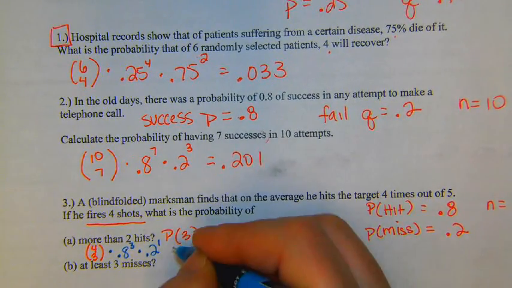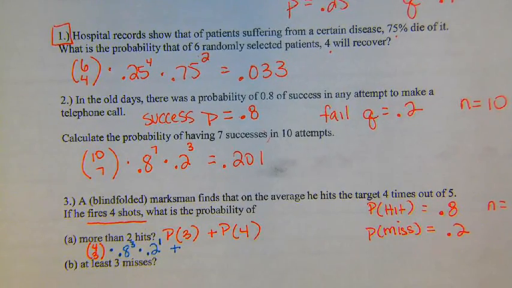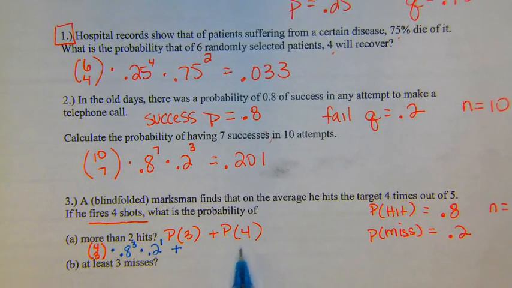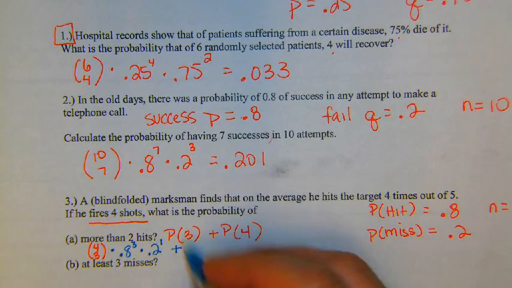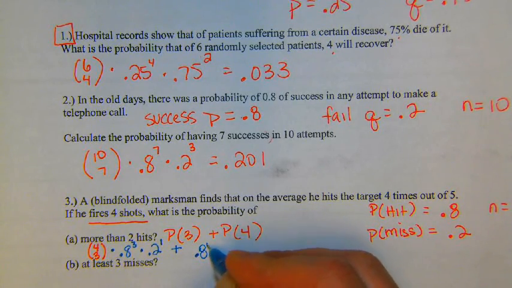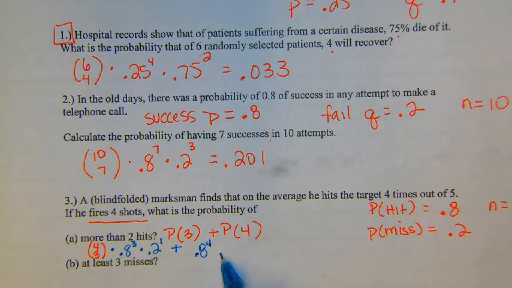And then to calculate 4 hits would be 4C4, but do I need to write down 4C4? No, because 4C4 is just 1. And it would be 0.8 to the 4th power, 0.2 to the 0 power. Do I need to write down 0.2 to the 0 power?